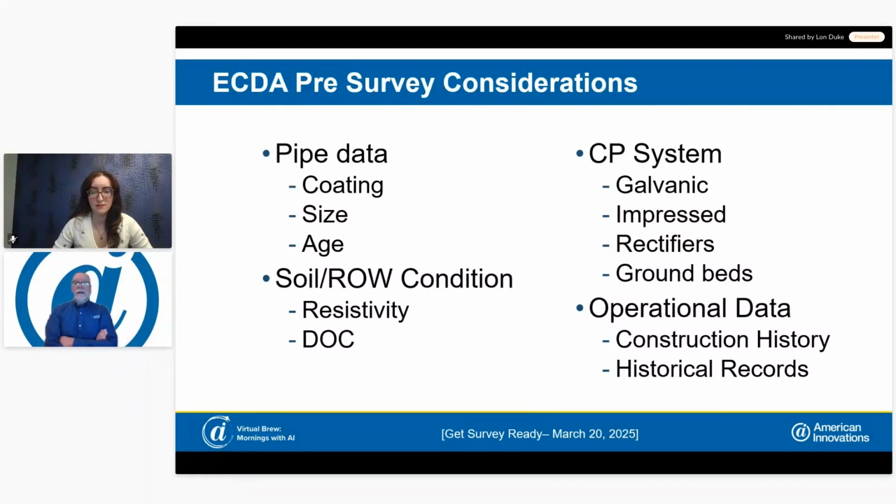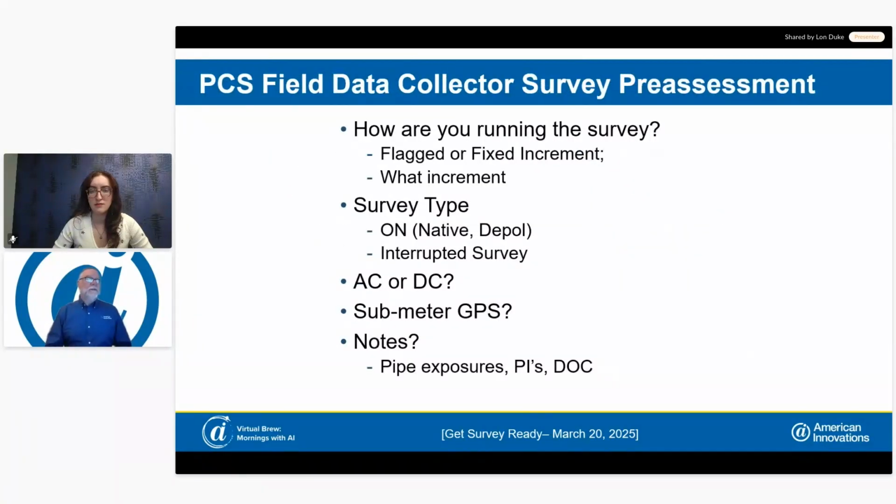Historical records are always nice to know. If you've had a survey done 3 years ago, 5 years ago, whenever, what was it like? What am I looking at? Are there certain areas that I need to pay attention to? So having those historical records is really nice to have.